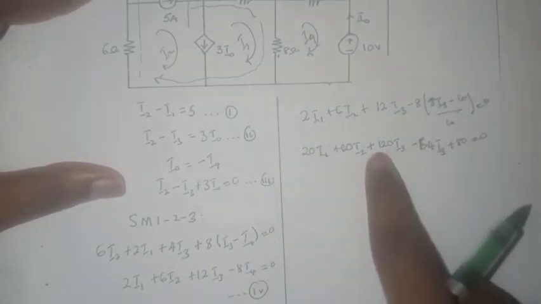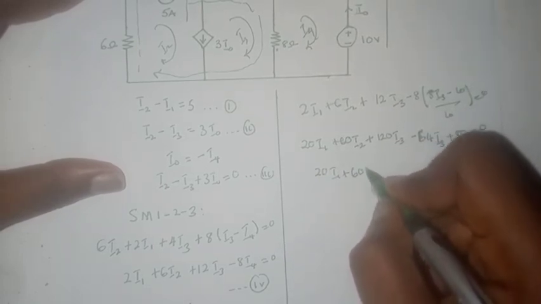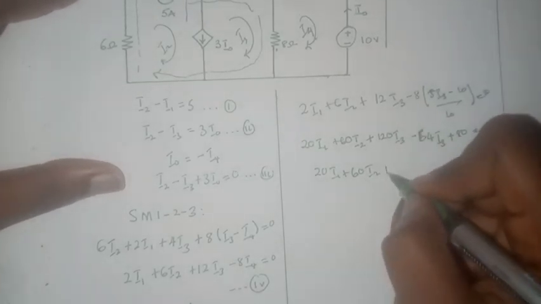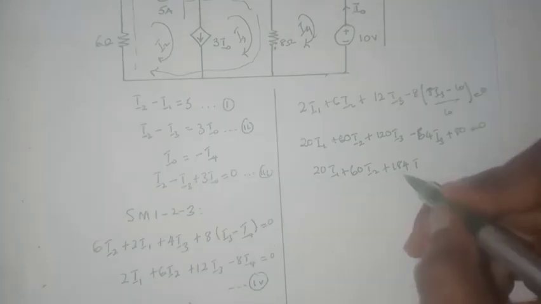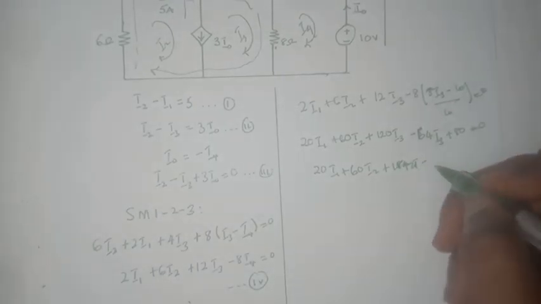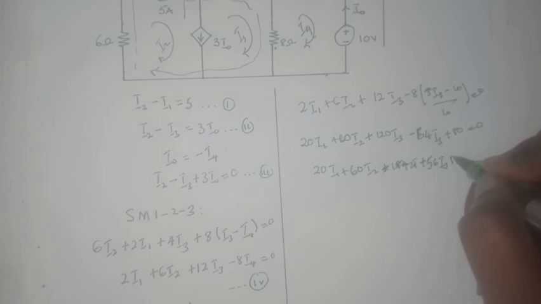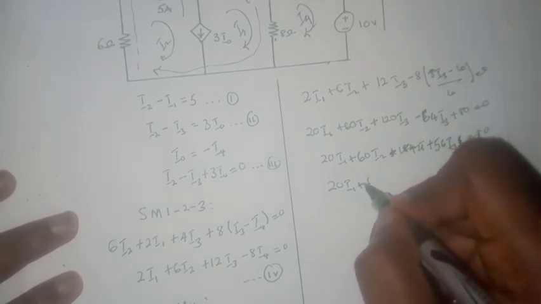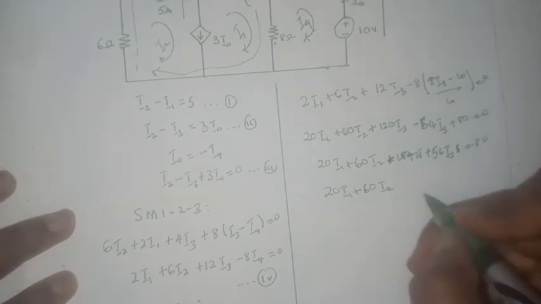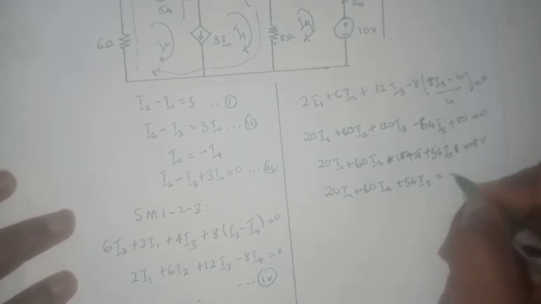We can then simplify further. Let's rewrite that for clarity: 20I1 plus 60I2 plus 56I3 equals minus 80.